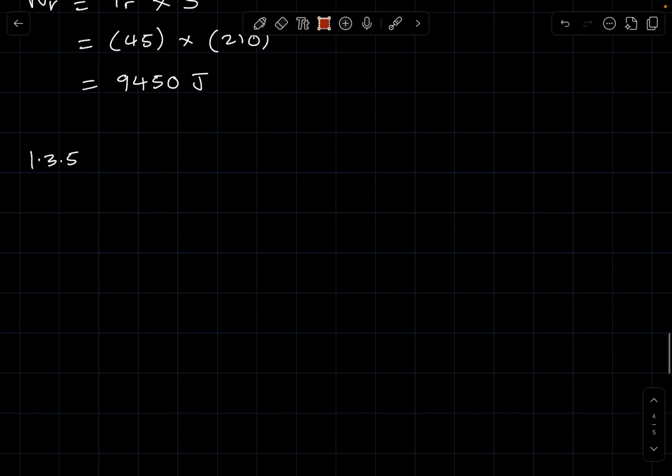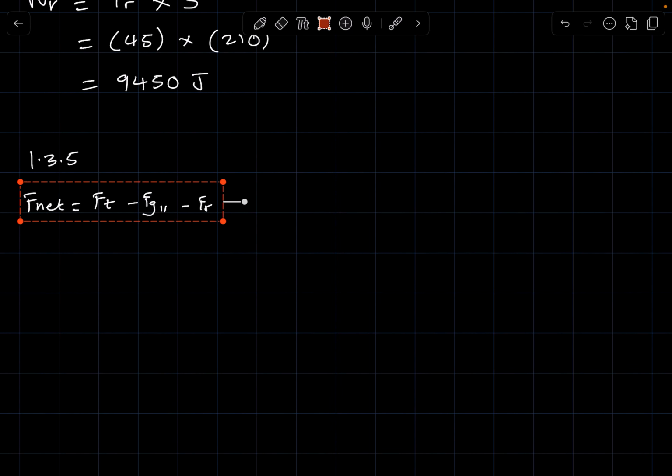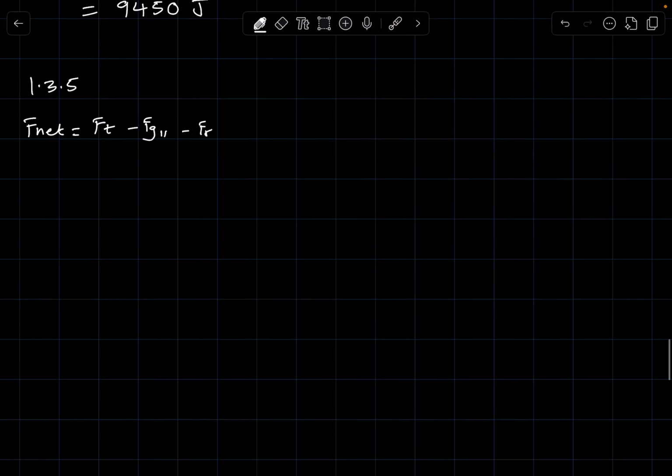We know F net is equal to this. Now F net we do not have at the moment, but we know from Newton's second law that F net is equal to ma. We have the mass and we have acceleration, so we can get F net.